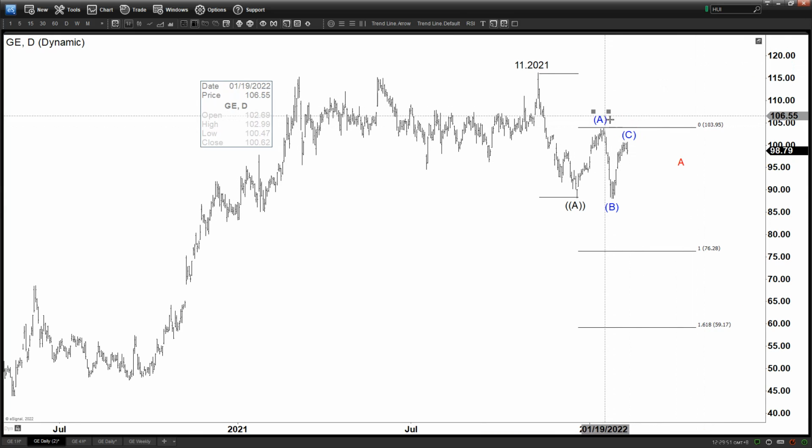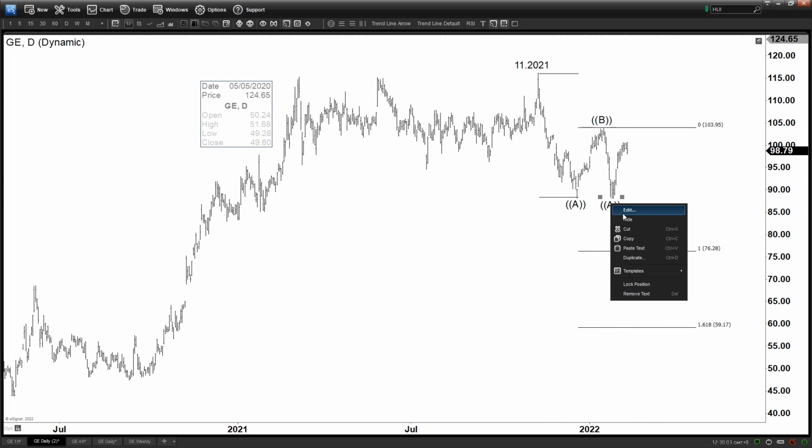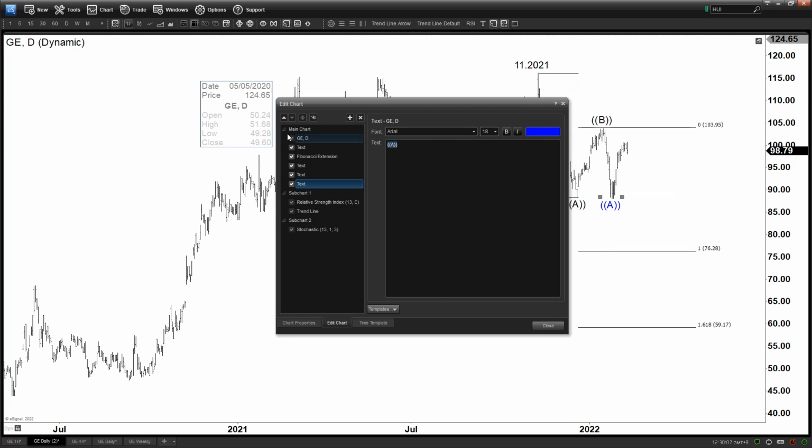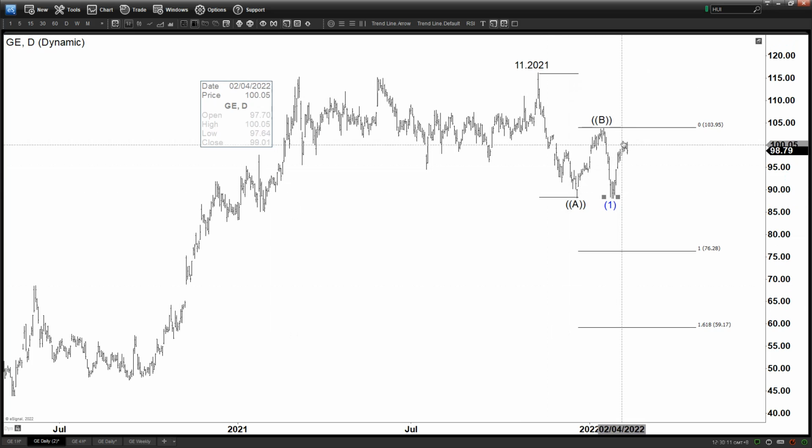Now, unfortunately, if we are looking into the possibility in the larger degree, like I said, there are a couple of quite possible alternates. Another one is simply that we're calling it this 5 waves, but it could be just a 3 waves in fact, and then it just breaks down.